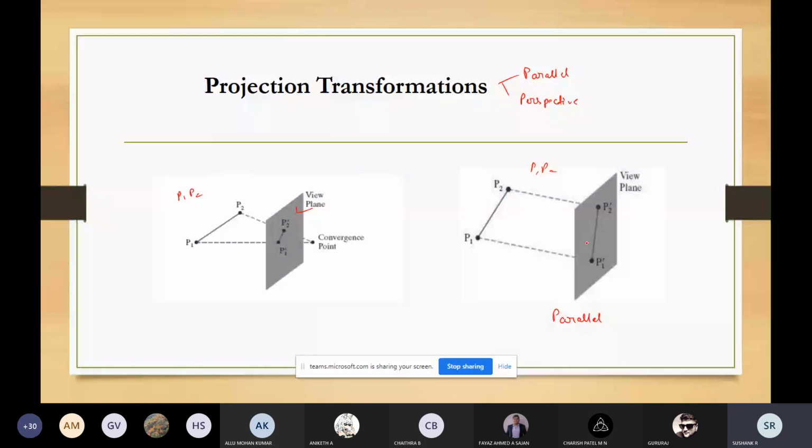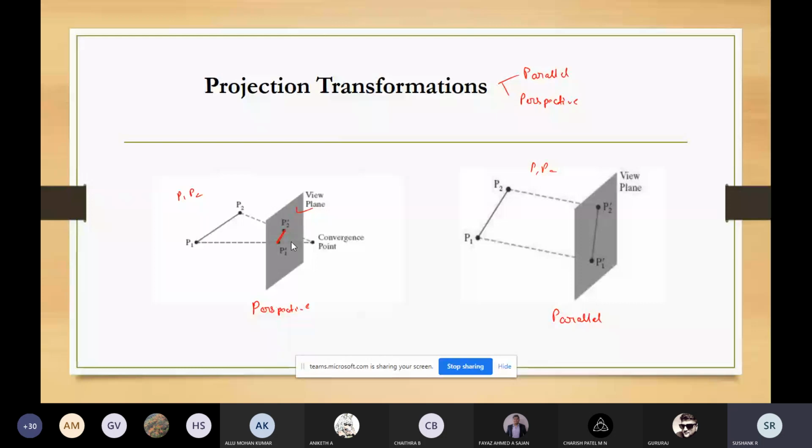But in the perspective projection, see the size of the line here compared to the size of the line on the viewing plane. From this itself you can verify which is parallel projection and which is perspective projection.